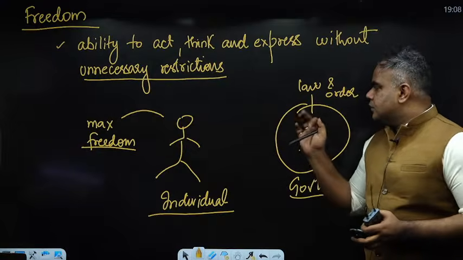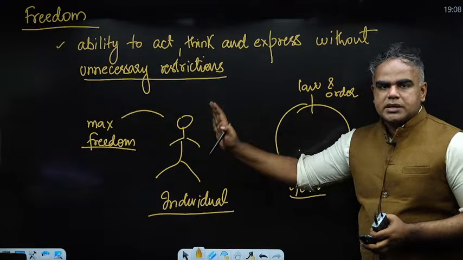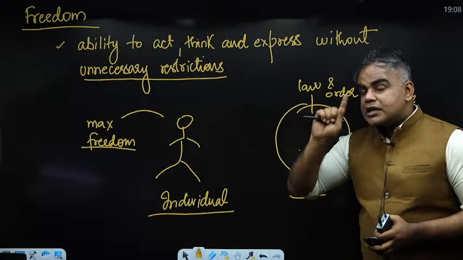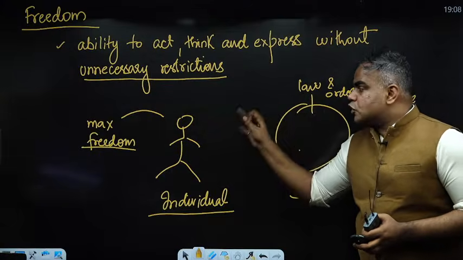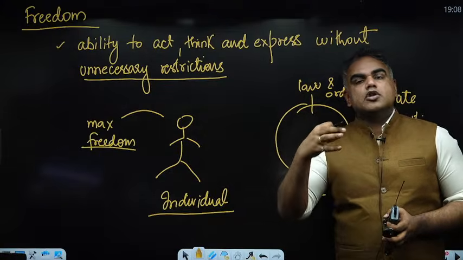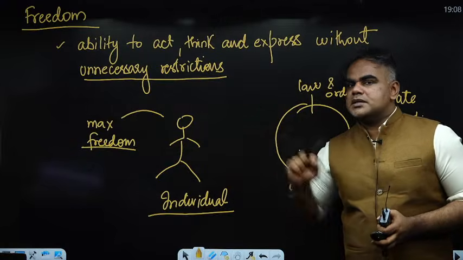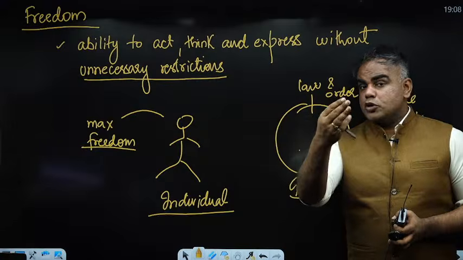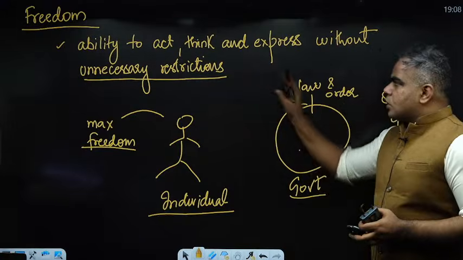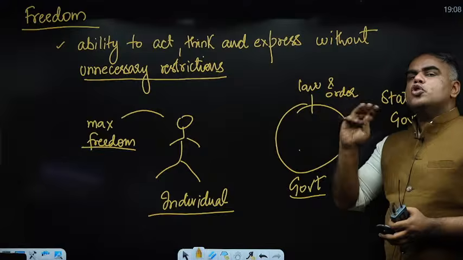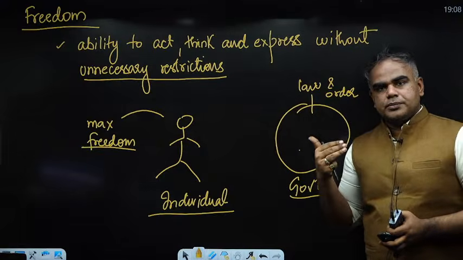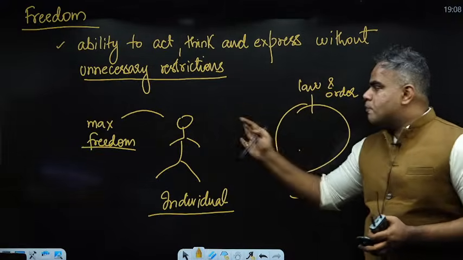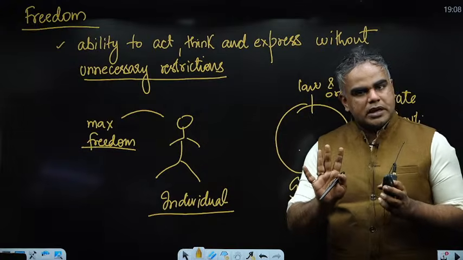Earlier, the action of state was supposed to be or thought to be limiting the freedom of person. If state is taking any action, it is going to limit your freedom. So, negative freedom says that state should limit its action. What would that lead to? Maximum freedom for the individual. I hope you are clear on it.